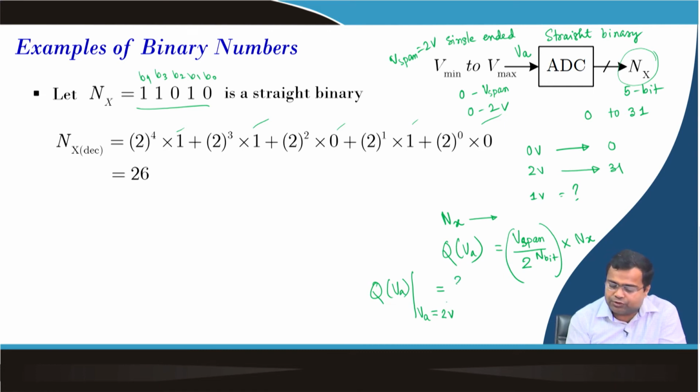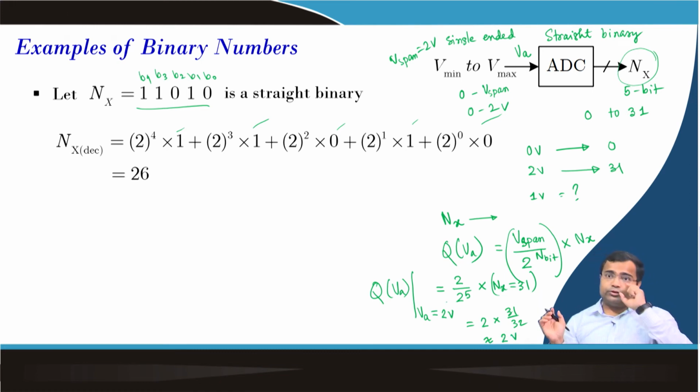It is 2 volt divided by 2 to the power 5, which is 32, into the maximum number, so Nx will be equal to 31. What will we get? You will get 2 into 31 by 32, which is approximately equal to 2 volt, but it is less than 2 volt, not exactly.